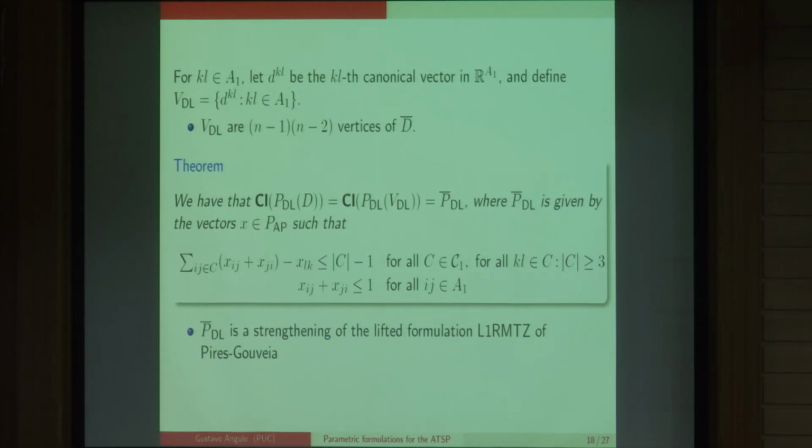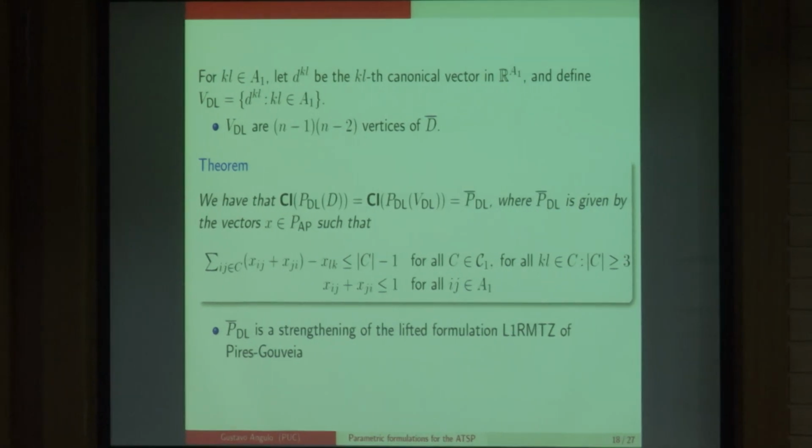Something that is interesting here is the following. In the work by Pires and Guedia, they propose a lifting of their disaggregation, and they say that this lifting is a disaggregation of the Laporte and de Rocher and Laporte formulation.